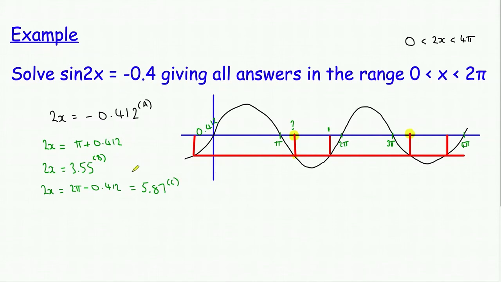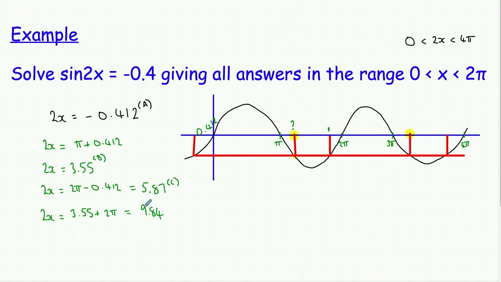So to get my third value, I'm going to do 3.55 or memory B add 2 pi. Which is 9.84. That's going in memory D.